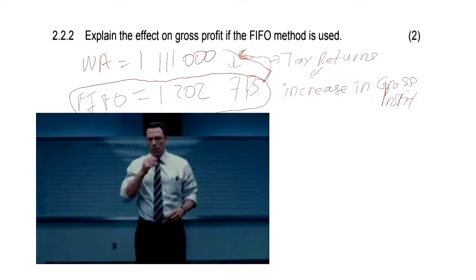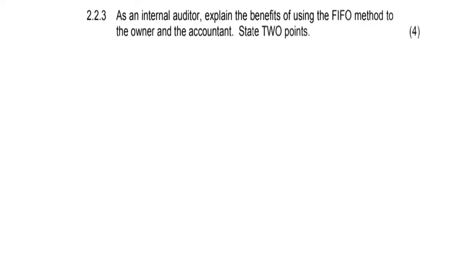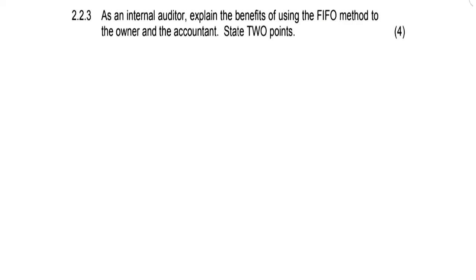And then 2.2.3, as an internal auditor, explain the benefits of using the FIFO method to the owner and the accountant. State 2 points. Point number 1, guys, the benefits of using the FIFO method: it is easy to apply, number 1, right?